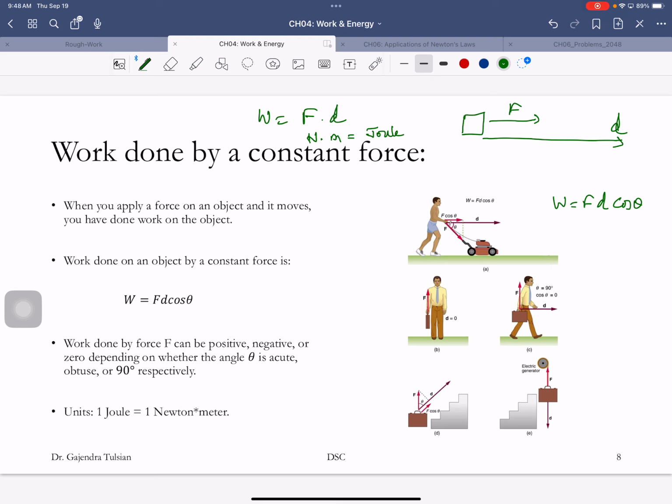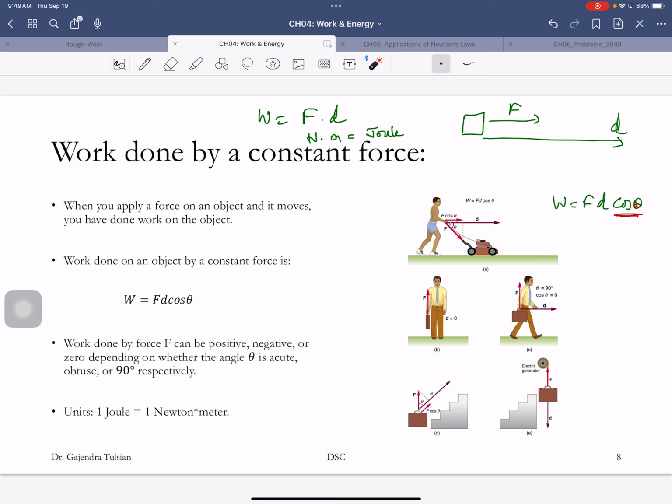Now this fellow here, cosine theta, can be positive, it can be 0, or it can be negative, depending on the value of the angle. If the angle is acute, then this is positive. If the angle is 90 degrees, this is 0.